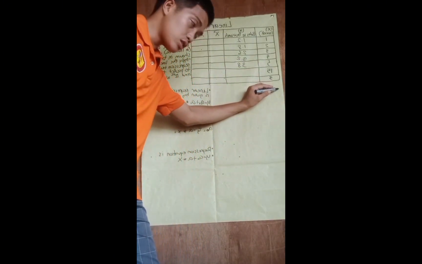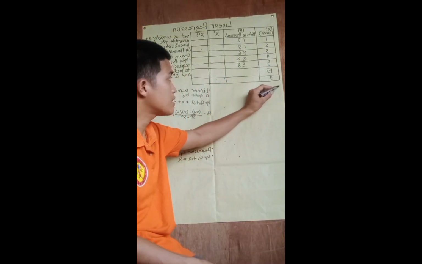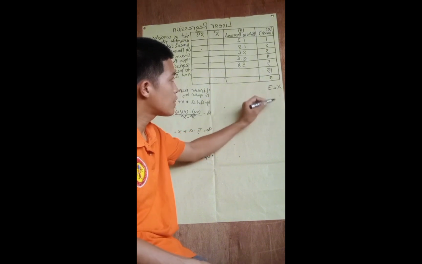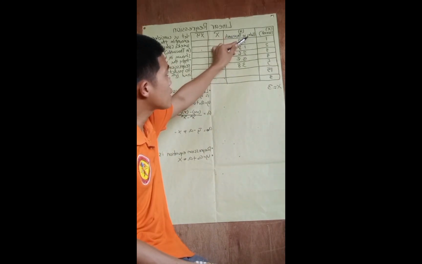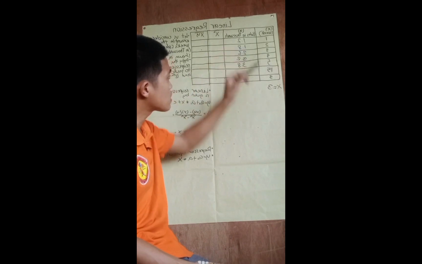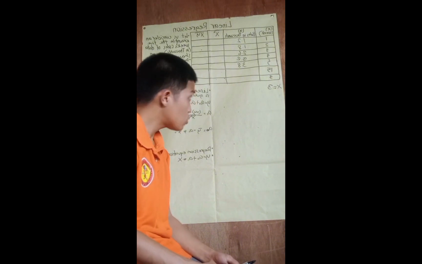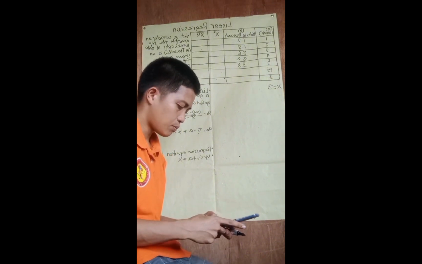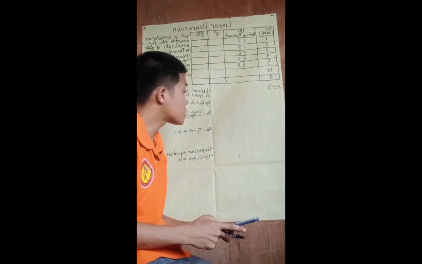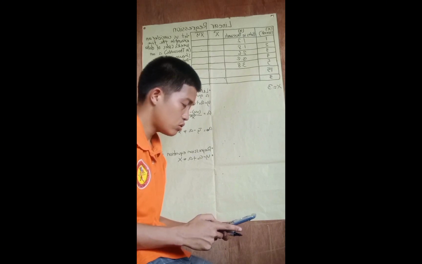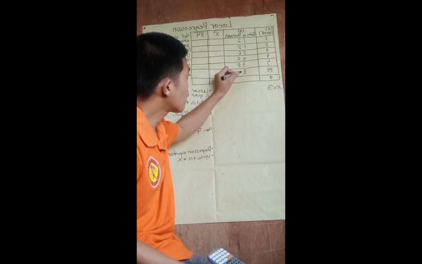So the mean of x is 3. And to get the mean of the sales in 1000, the y, add 1.2 plus 1.8 plus 2.6 plus 3.2, which is equal to 8.8.